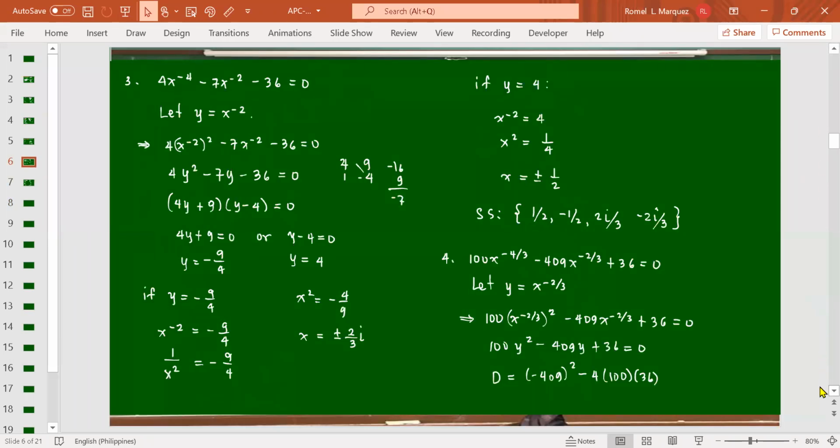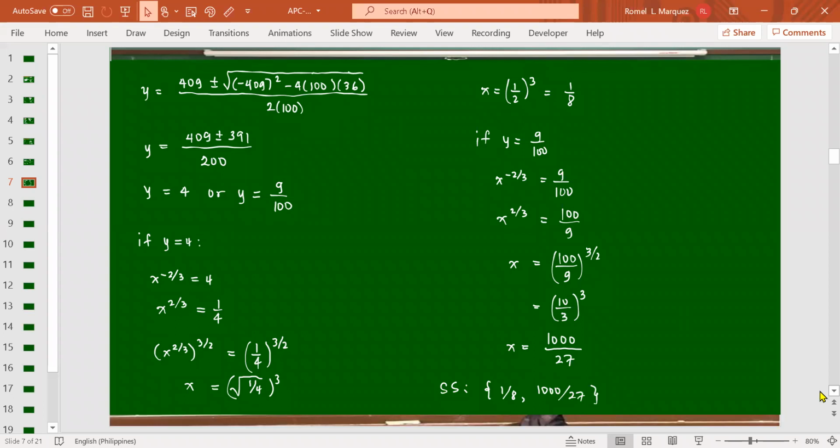Number 4. Let's have number 5 now. So we have (x squared minus 3x) quantity squared plus negative 2 times (x squared minus 3x) and then minus 8 equal to 0.